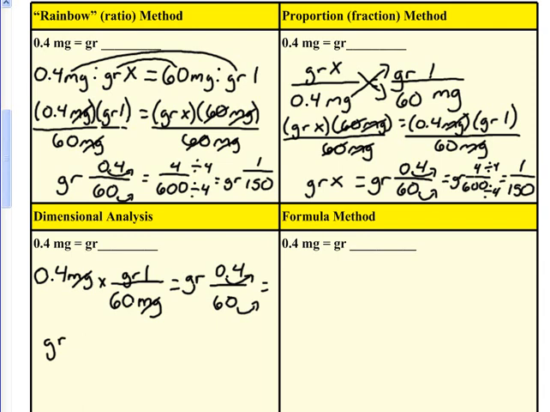This creates a new fraction of grain 4 over 600. We now need to simplify our fraction, which we can do by dividing both the top and the bottom by 4. This shows us that 0.4 milligrams is equivalent to grain 1/150th.